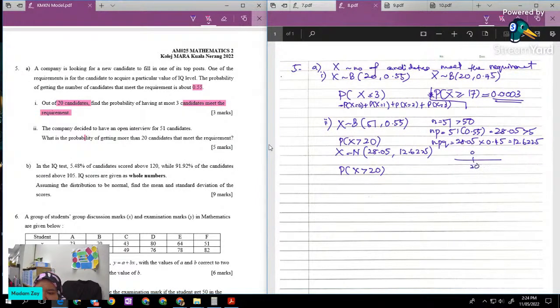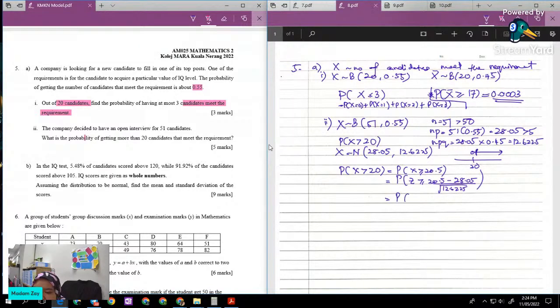So more than 20, 20 is not included, so we have to do the continuity correction here. It's that we have to take from 20.5. After that, baru kita buat macam biasa untuk normal lah, which is standardizekan dia. Z should be more than 20.5 minus mu, which is 28.05, divided by sigma, which is square root of 12.6225.